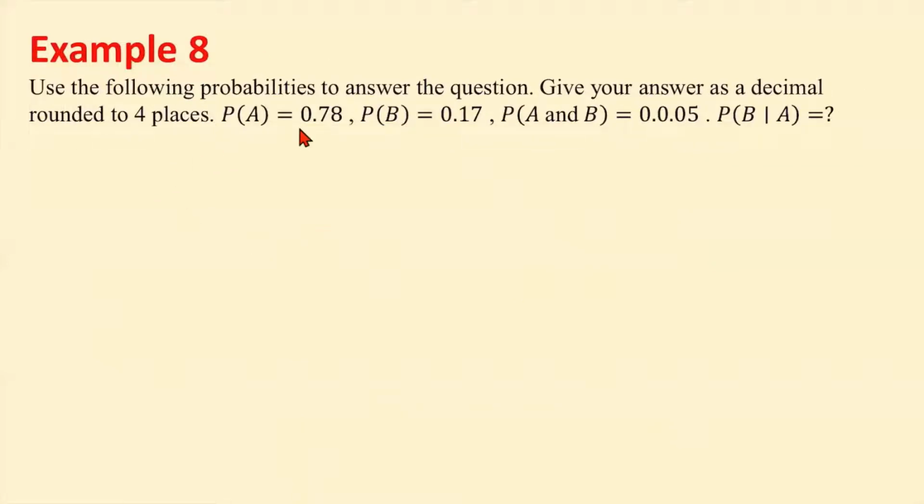Example 8, use the following probabilities to answer the question. Give your answer as a decimal rounded to 4 places. Here they have given the information. Probability of A is 0.78, probability of B is 0.17, probability of A and B is 0.05.